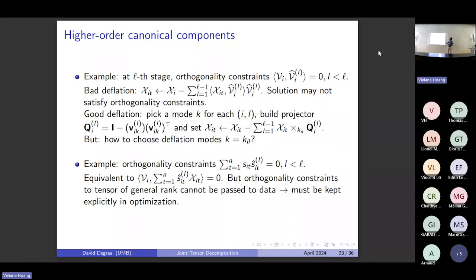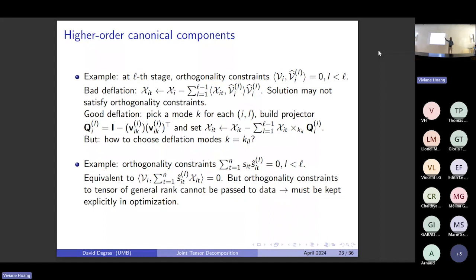If I put some orthogonality constraints on my canonical tensors, my weights, you could think of doing a deflation after finding the first L minus 1 components. I can remove their contribution from the data and get a new data set and just restart the CCA without any orthogonality constraints.